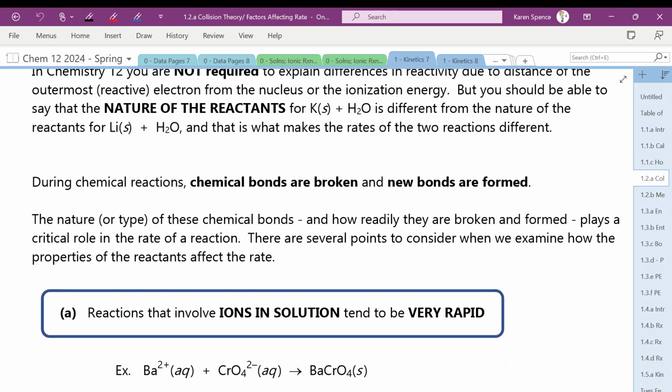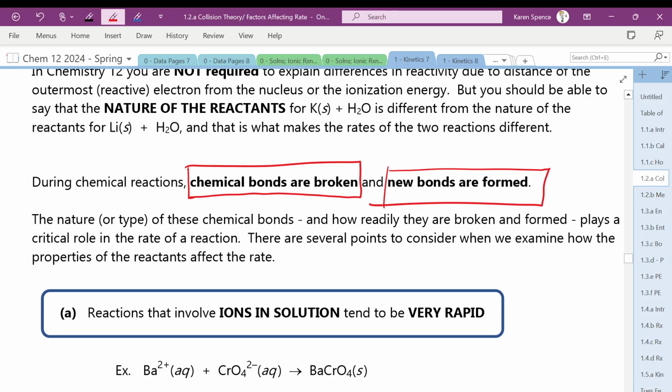Now, during chemical reactions, chemical bonds are broken. That's how we break up the reactants. And then new bonds are formed. So the reaction is going to go faster if we break up our chemical bonds faster.